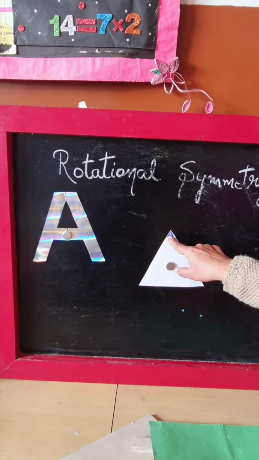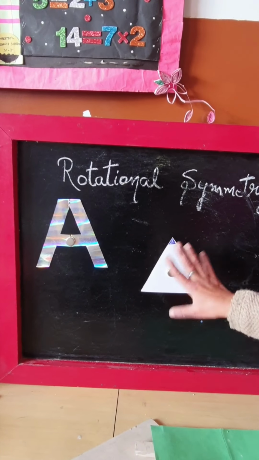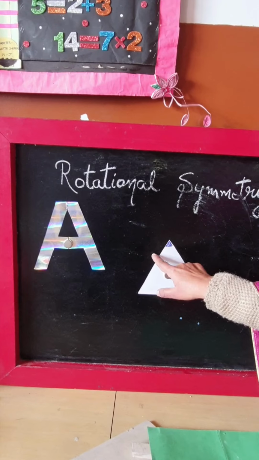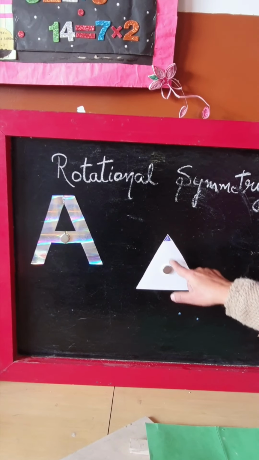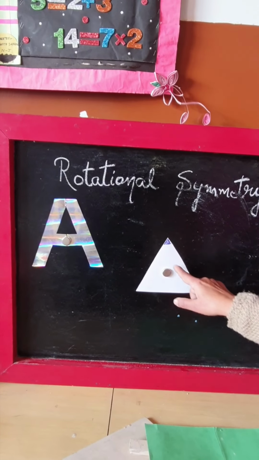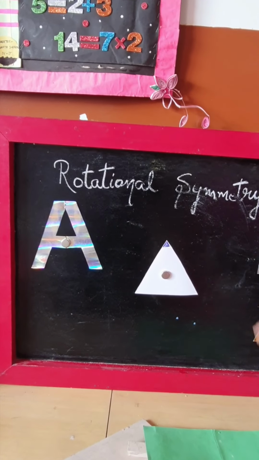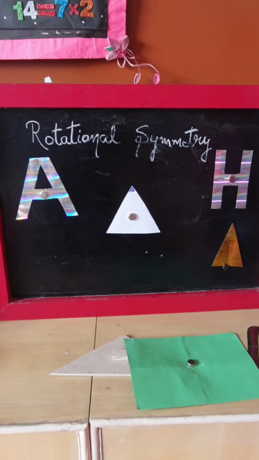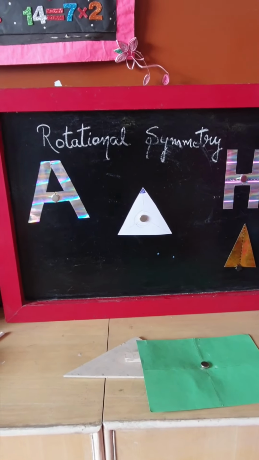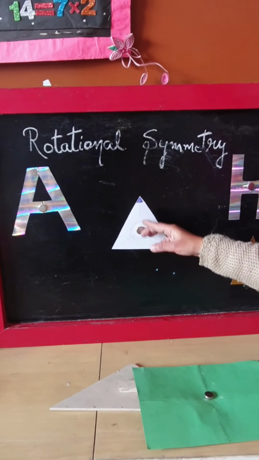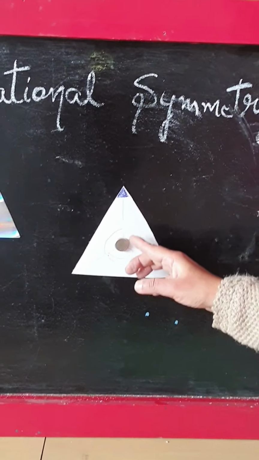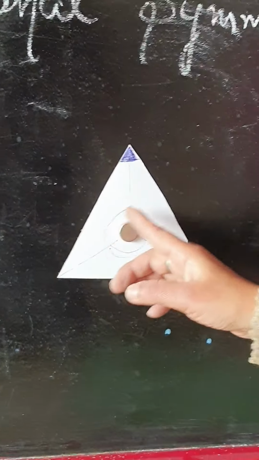So this is the angle I marked, so that you know this is its original shape. Now if I move it from this to this, that is, I am moving it by 120 degrees. I have joined this centroid with the vertices. With these lines I have divided the complete angle into 3 parts.